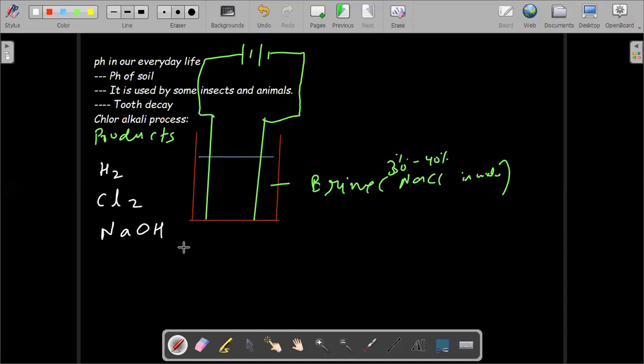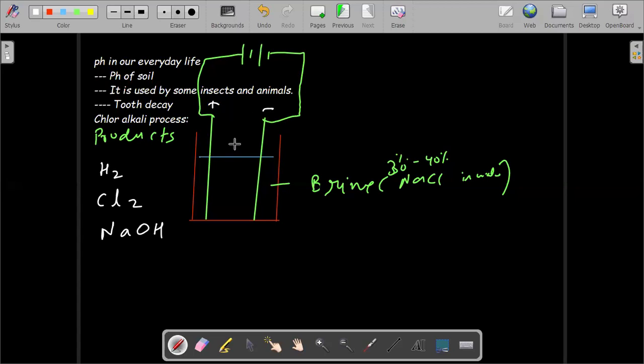At which electrode do we obtain hydrogen gas? Aryan, at which electrode do we obtain hydrogen gas? Cathode. Cathode. Okay, which one is cathode? Positive or negative? So negative. Right. H plus goes to the cathode. This is minus, this is plus, this is minus.